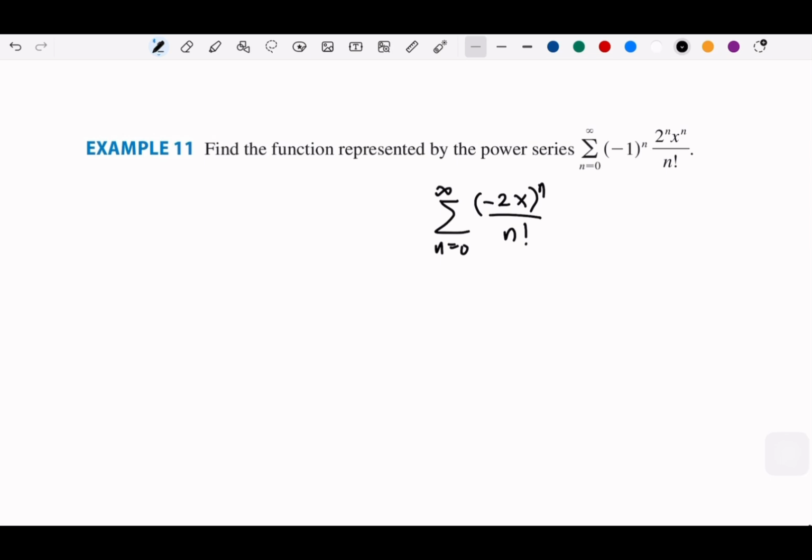And since the denominator has factorials, this is similar to what we have in the exponential series. Which means that this will be equal to e with power of negative 2x.